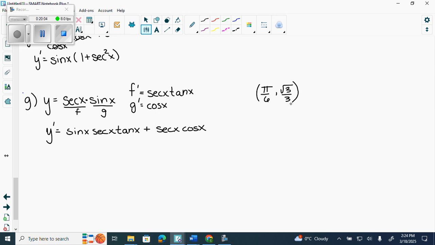Can we reduce this? Yeah, to make our life better. What could we do? Take secant x out, and then take another x out. That doesn't make it better. So let's change secant x to what? 1 over cos. What's tan x? Sine x over cos x. What is this one? 1 over cos.